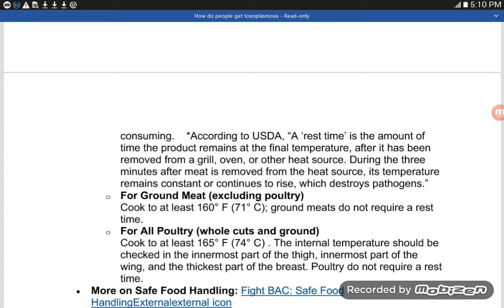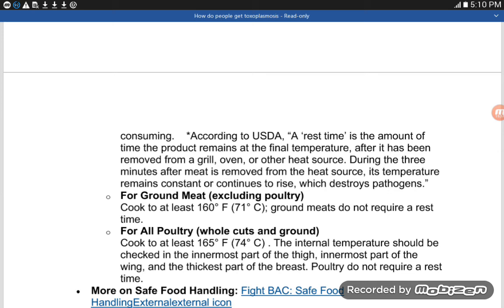During the 3 minutes after meat is removed from the heat source, its temperature remains constant or continues to rise, which destroys the pathogen. So here we have to keep 3 minutes. During that time the temperature increases and destroys the pathogen. For ground meats, cook to at least 160 Fahrenheit or 71 Celsius.